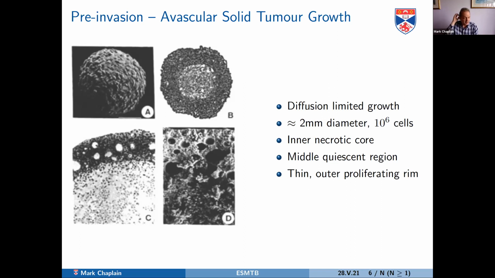So there's a three-phase structure in the interior of these spheroids, composed of proliferating cells on the outside, and there's quite a thin rim of them, just a few cell layers deep. And then there's a middle zone of quiescent cells, and then there's a final inner zone of dead or necrotic cells. And that is in some sort of dynamic equilibrium at a few millimeters in diameter.